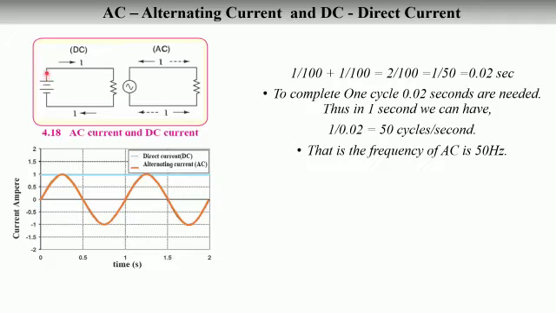The flow of current has been shown. It is flowing only in one direction, from the positive terminal to the negative terminal. So it's direct current. It is not changing its direction, and hence the frequency of direct current is 0.